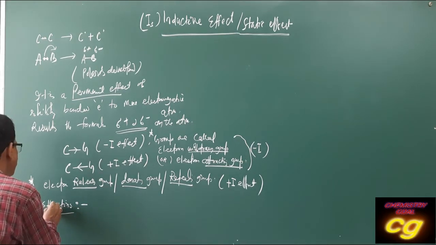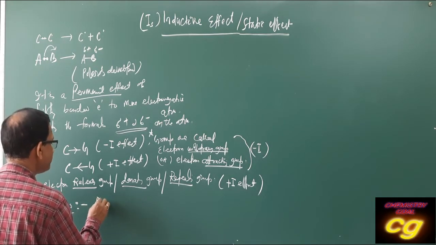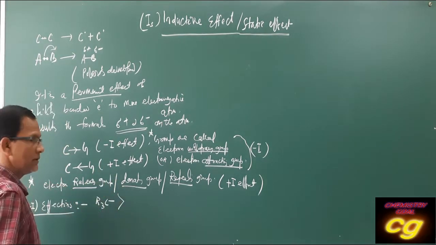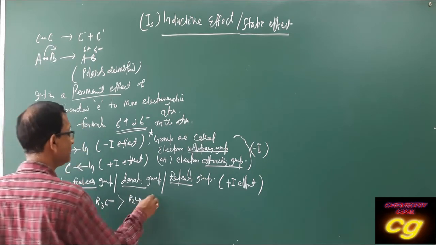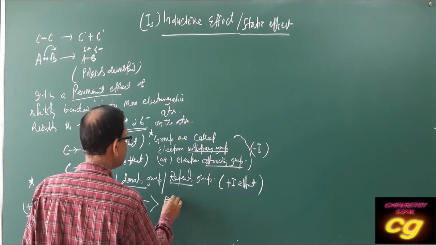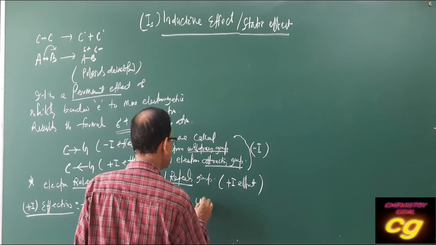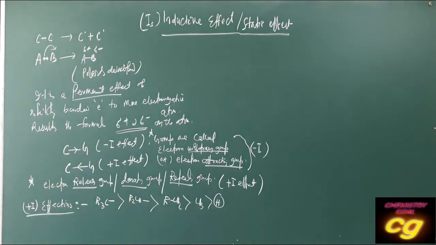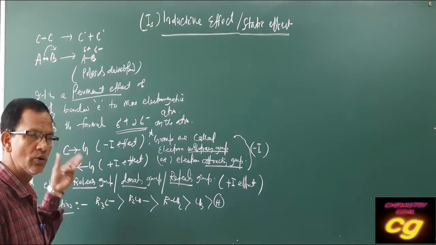Generally the order of plus affecting groups is R3C tertiary, then secondary group, then RCH2 group, then CH3 group, then hydrogen.